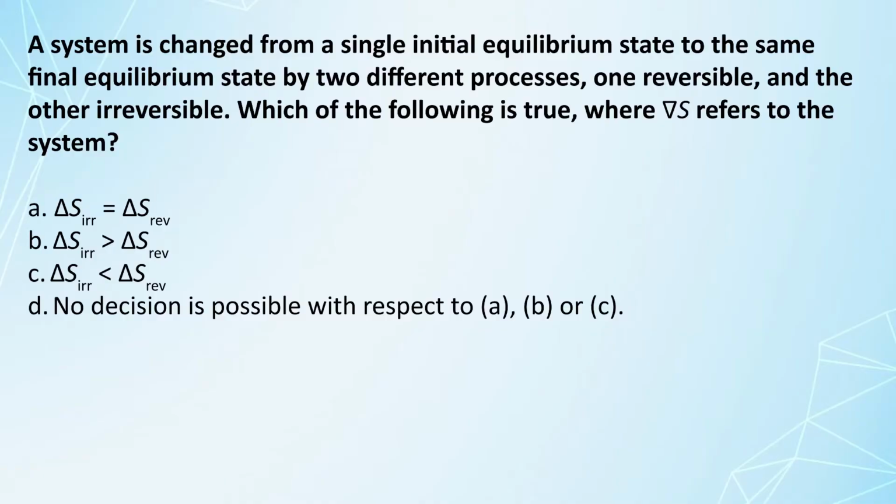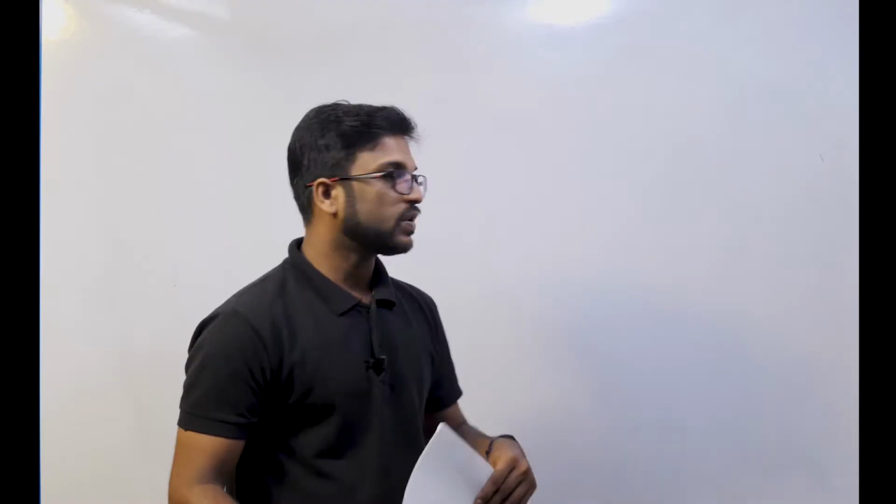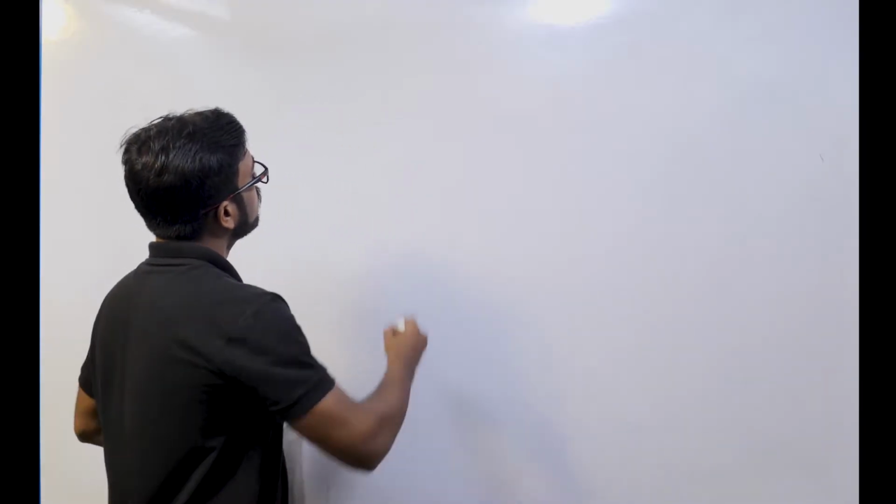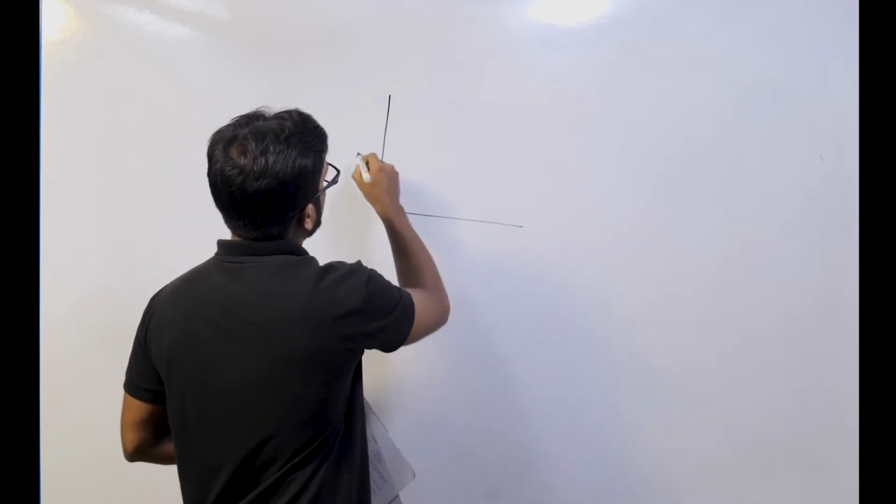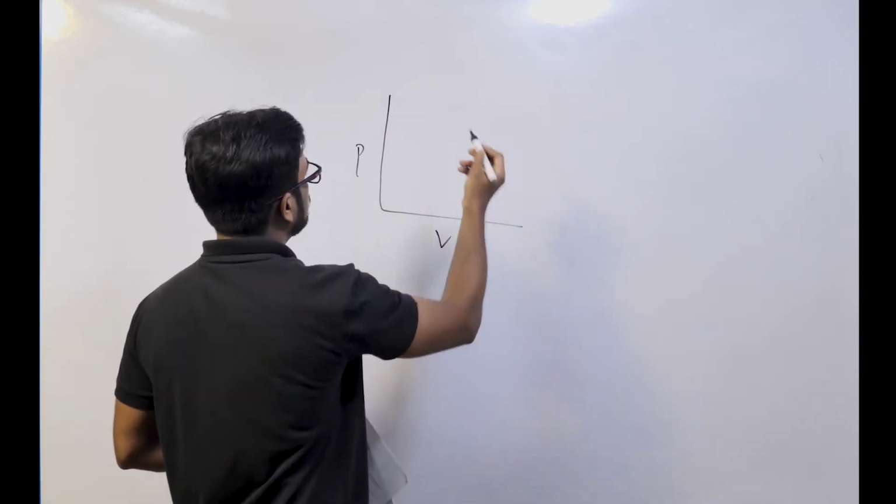Next question. A system is changed from a single initial equilibrium state to the same final equilibrium state by two different processes, one reversible and the other irreversible. Which one of the following is true, where delta S represents the system entropy change? Alright, so here we are having, say, PV or TS diagram, whatever.